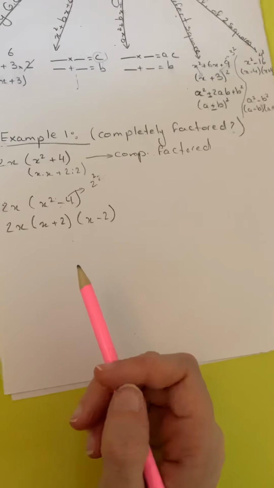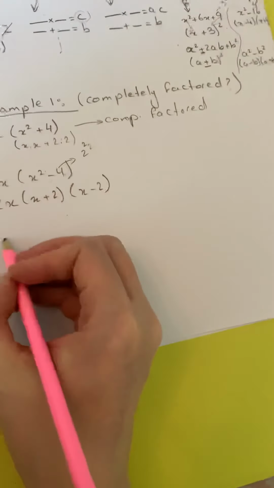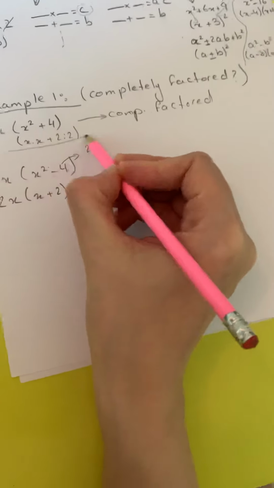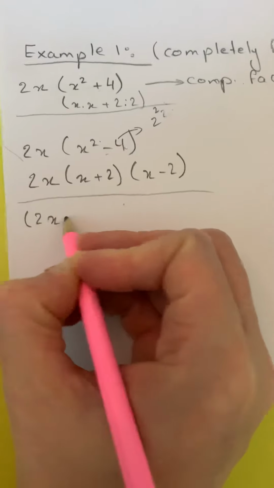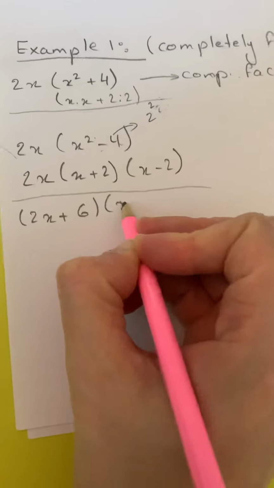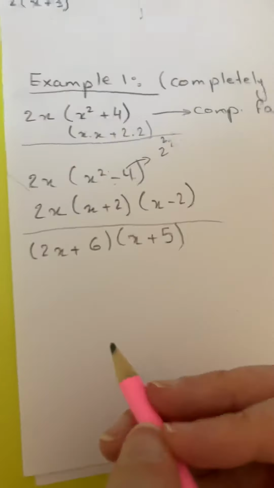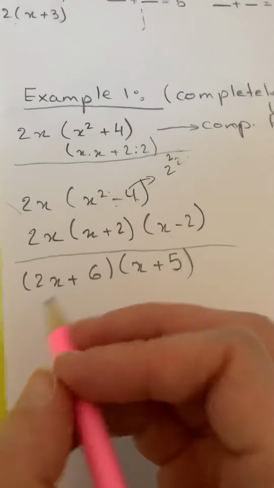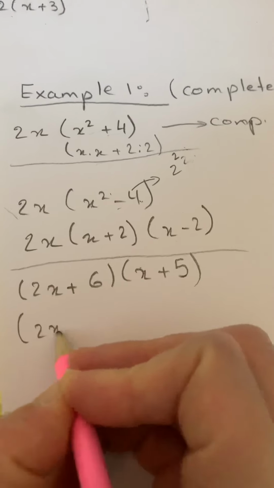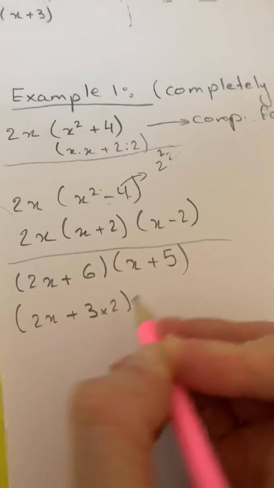What if they gave you, for example, 2x plus 6 into x plus 5? Look at this, you cannot do anything with it. But this one, you can notice that 2 is common, right?